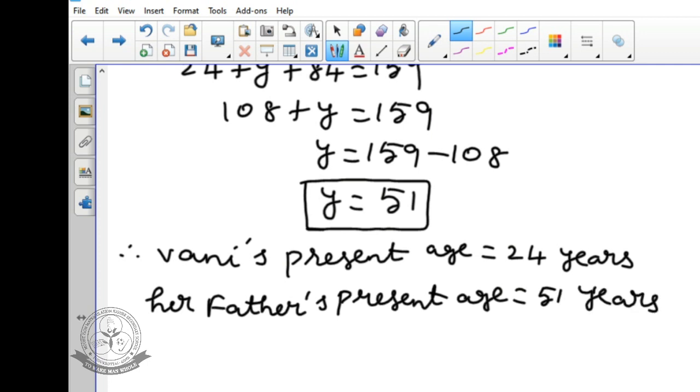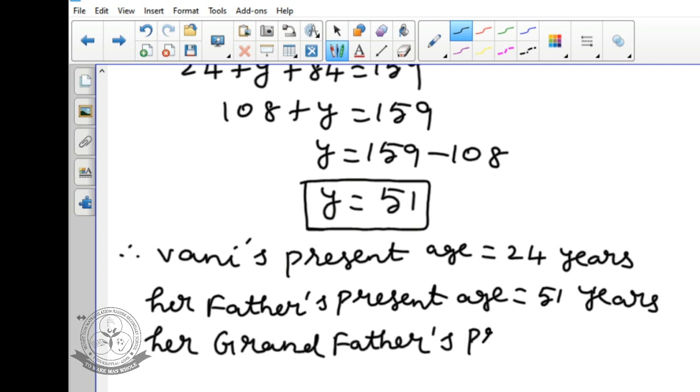Next, her grandfather's age. We assumed that as z, the grandfather's present age, that is z.